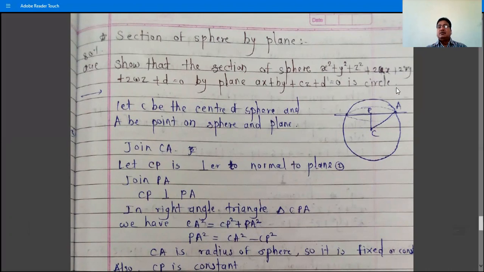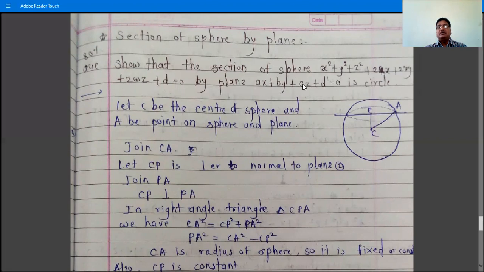That is, if we cut the sphere at this place by using a plane, then we have a circle as the intersection of this plane and the sphere. So show that the section of the sphere x square plus y square plus z square plus 2ux plus 2vy plus 2wz plus d is equal to 0 by the plane ax plus by plus cz plus d dash is equal to 0 is a circle.